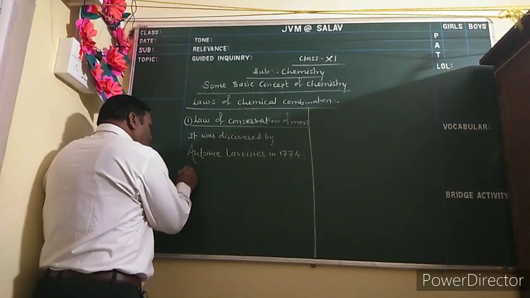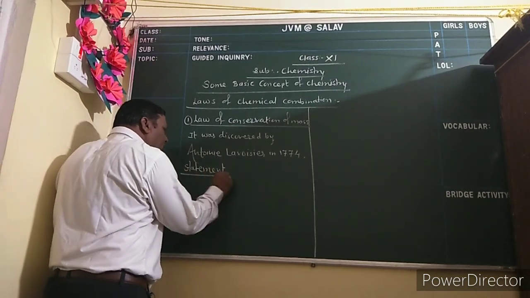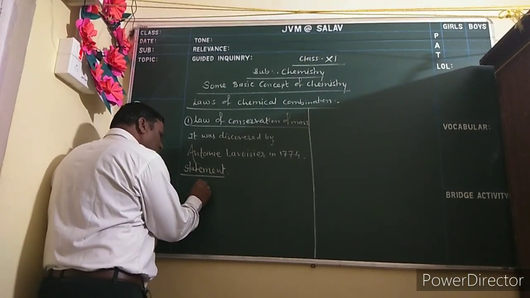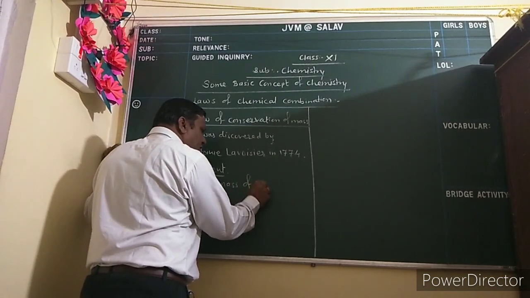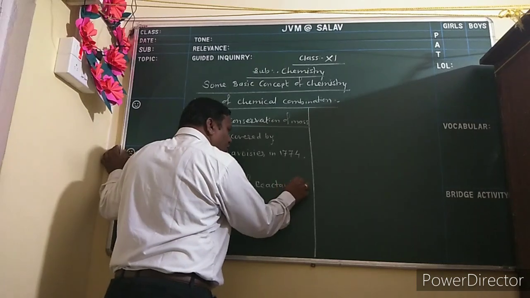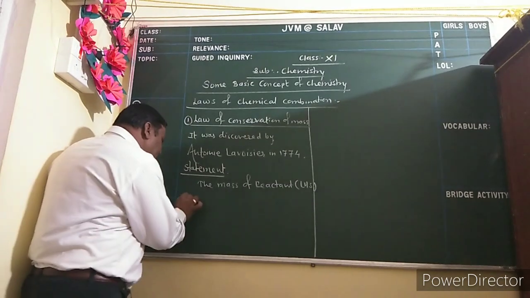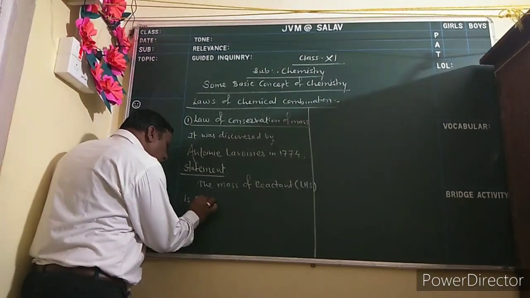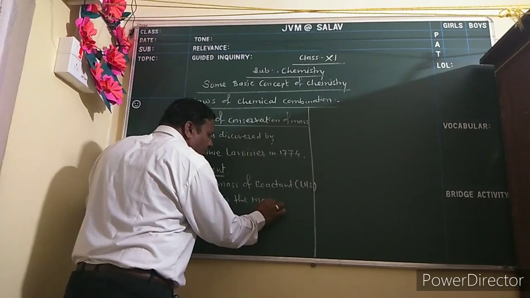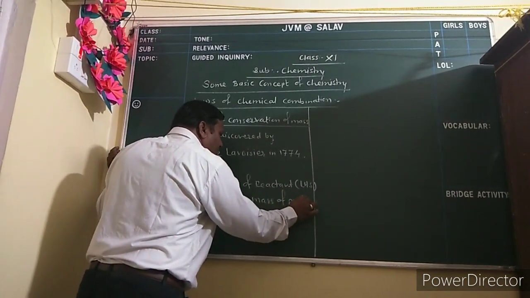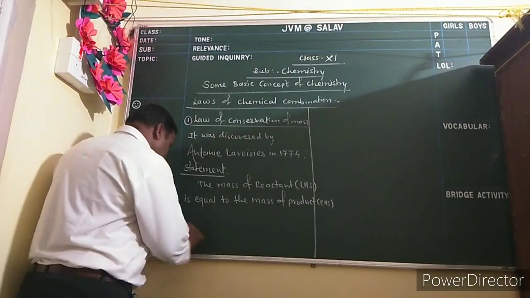So now the statement is: the mass of reactant (in brackets, LHS, you know the meaning of LHS, left hand side) is equal to the mass of product, that is RHS.